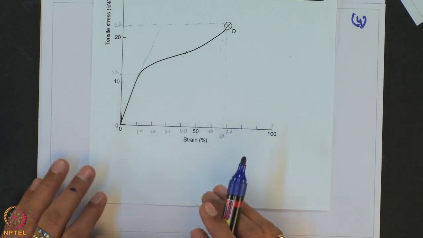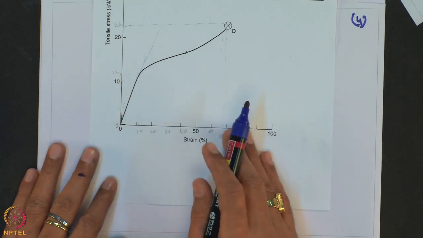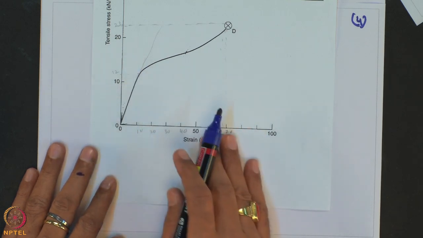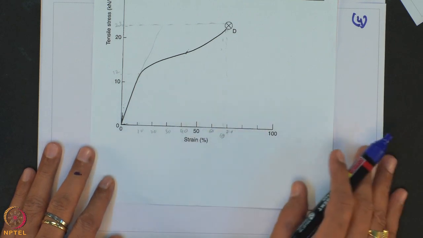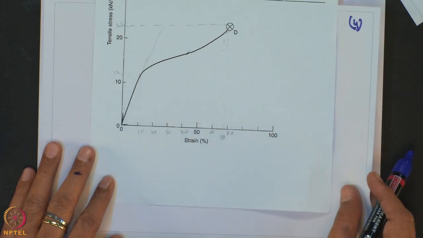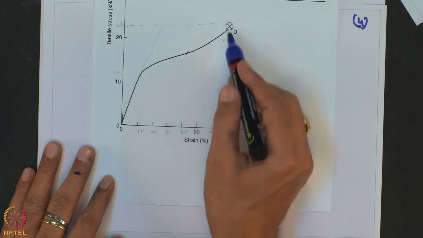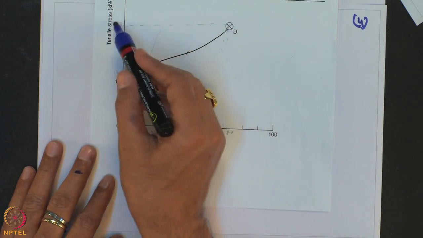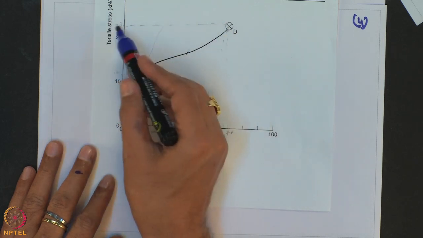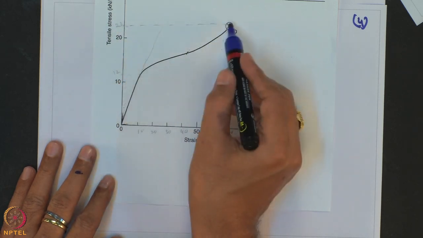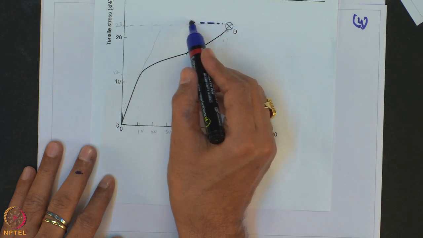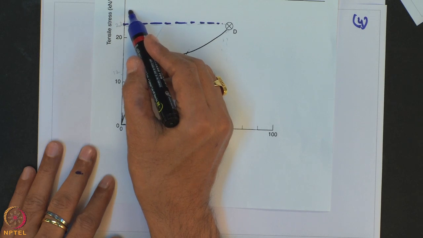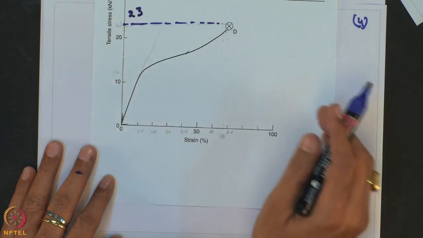First, from this curve we determine the maximum tensile stress value, which is about 23 kilonewton per meter.